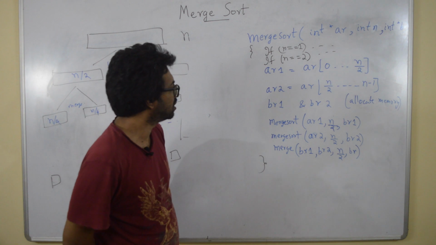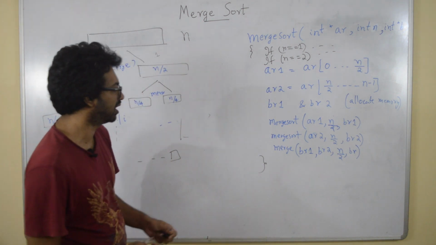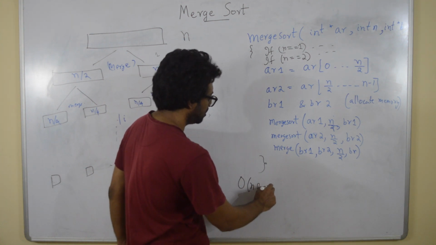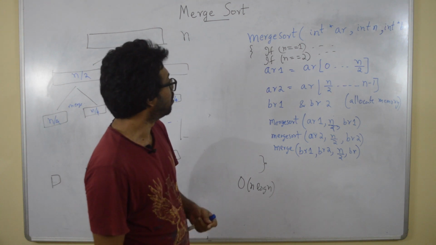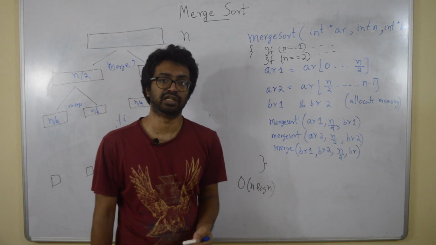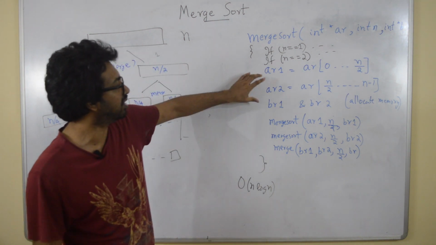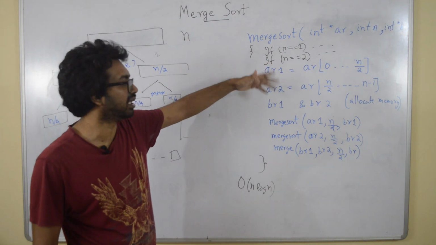Okay, so now we saw its running time. Its running time is order n log n. But another important question to ask is, what is the extra space it takes? Is it order 1? No, the extra space is too much because we are creating BR1, BR2, which are the same size as AR1, right?